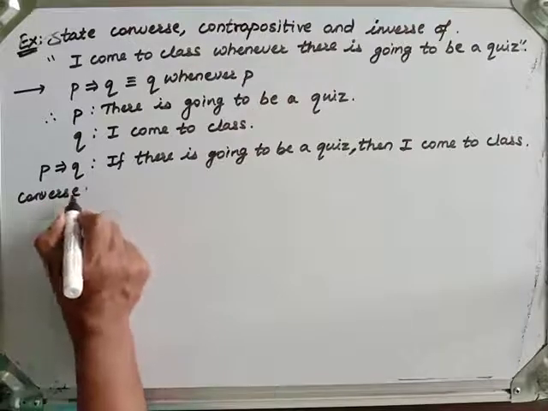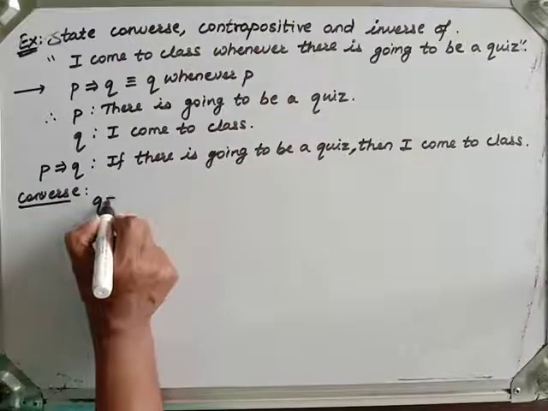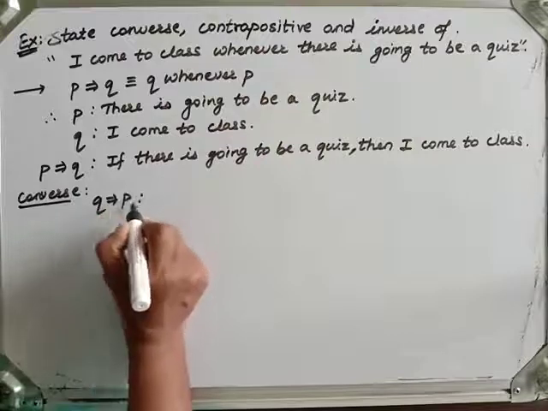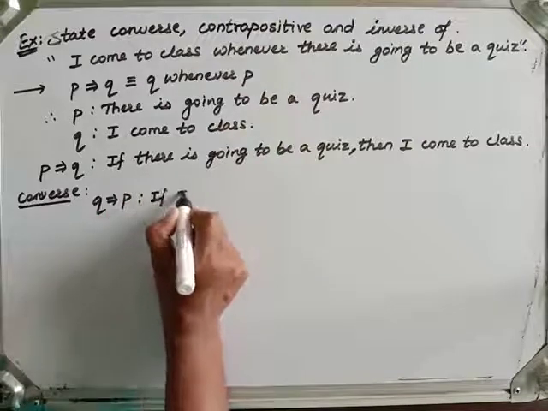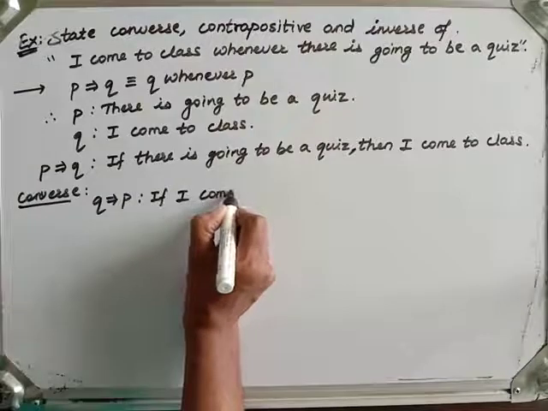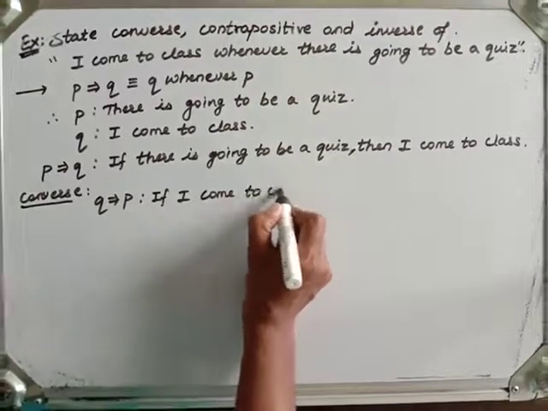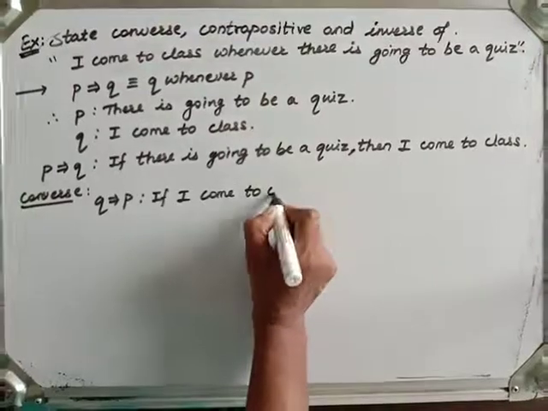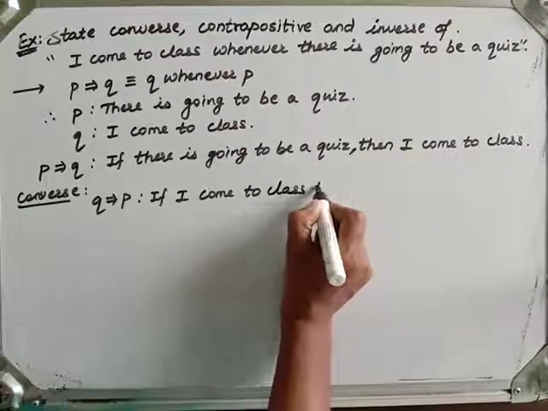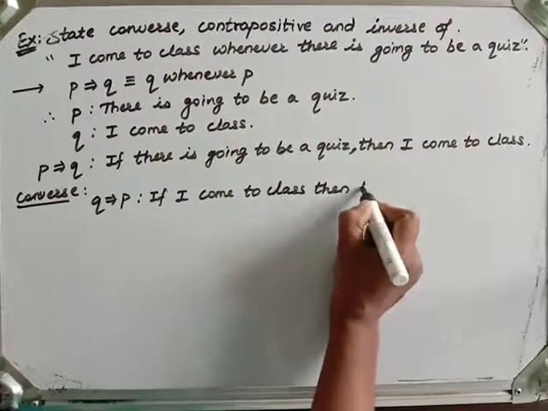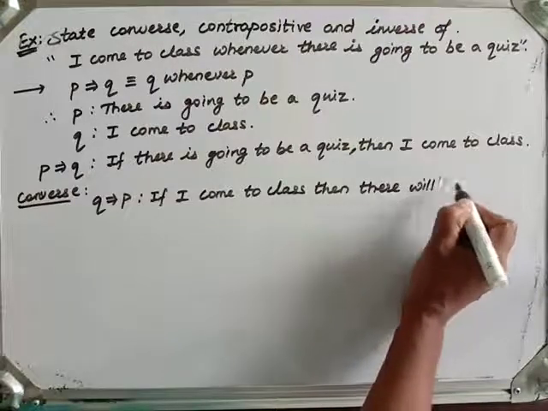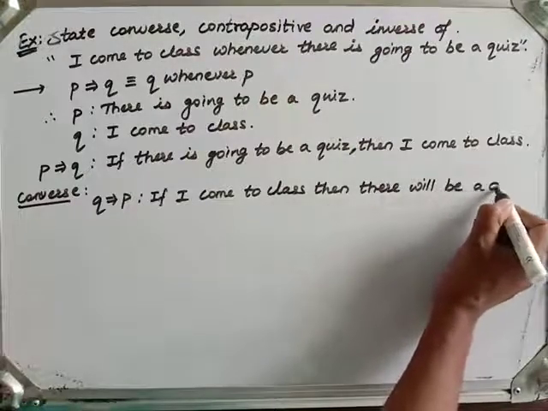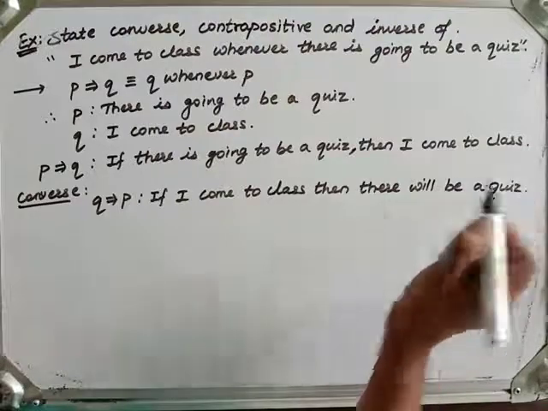Okay. Now converse of this is that Q implies P. So what is Q implies P? If I come to class, then there will be a quiz. Okay.